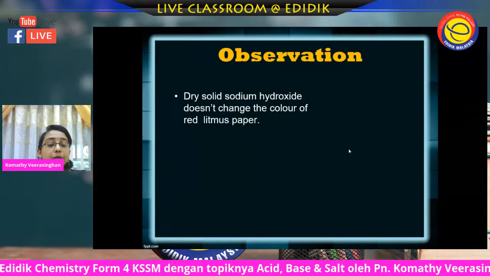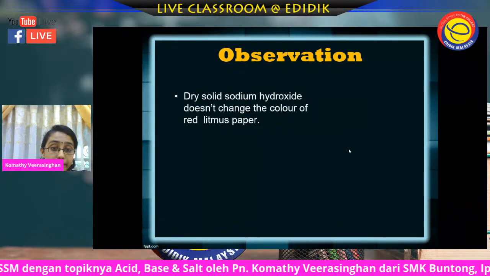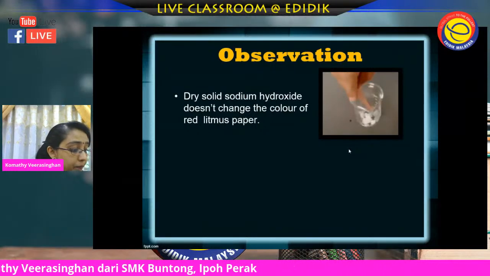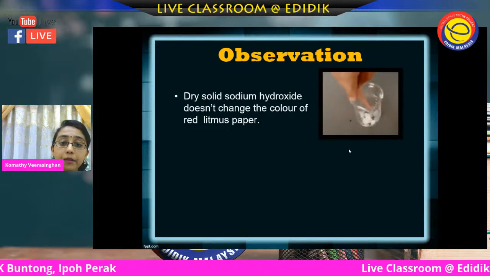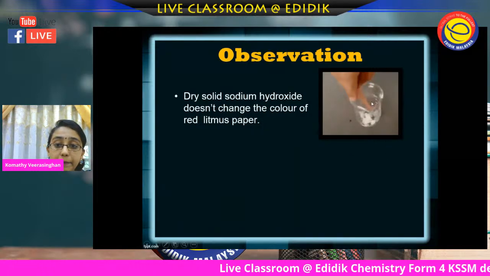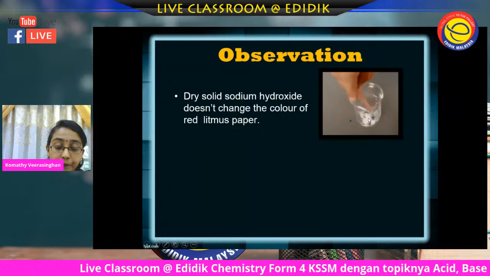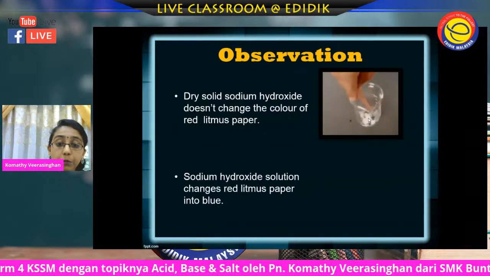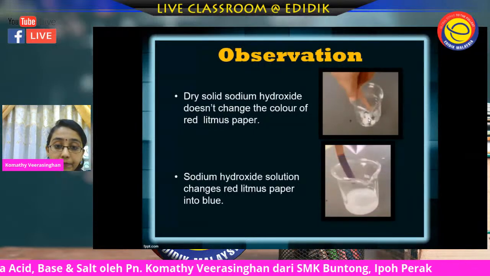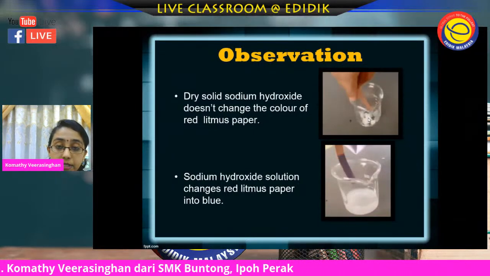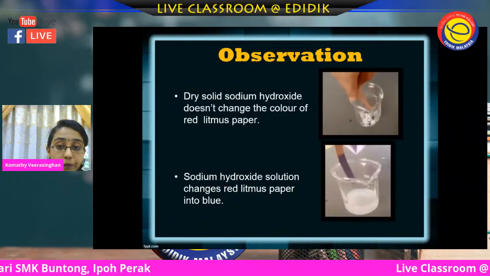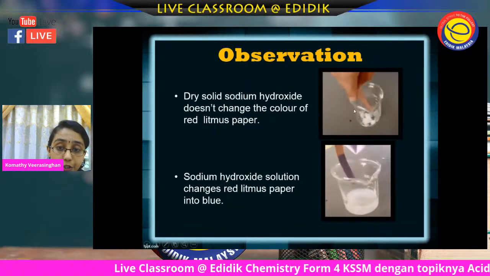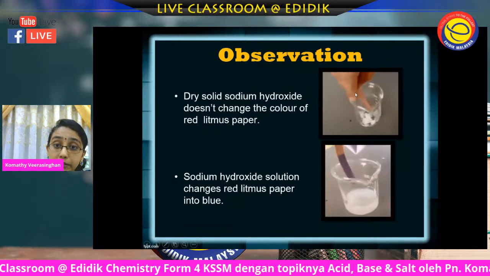When I test with dry solid sodium hydroxide, what do I observe? Can you see it in the diagram? The red litmus paper remains unchanged. But after I dissolve it in water, what happens? The red litmus paper turns blue. What does this show? In the first condition, there's an absence of water.